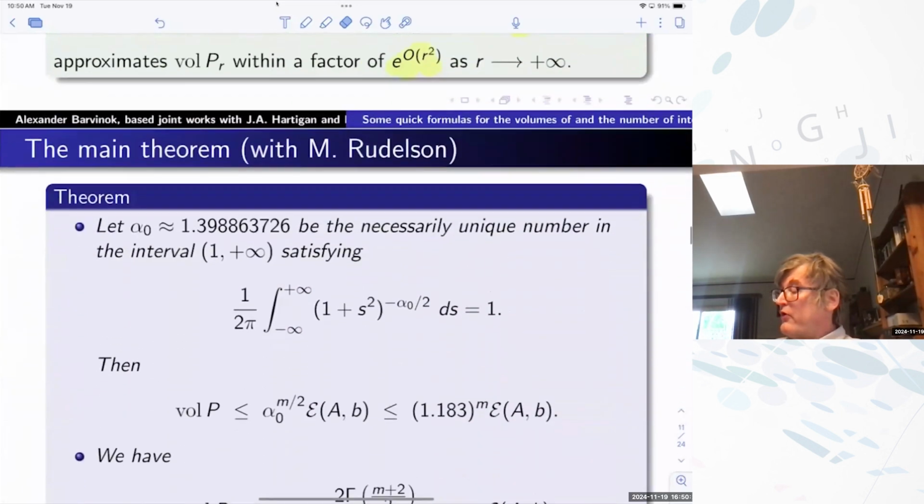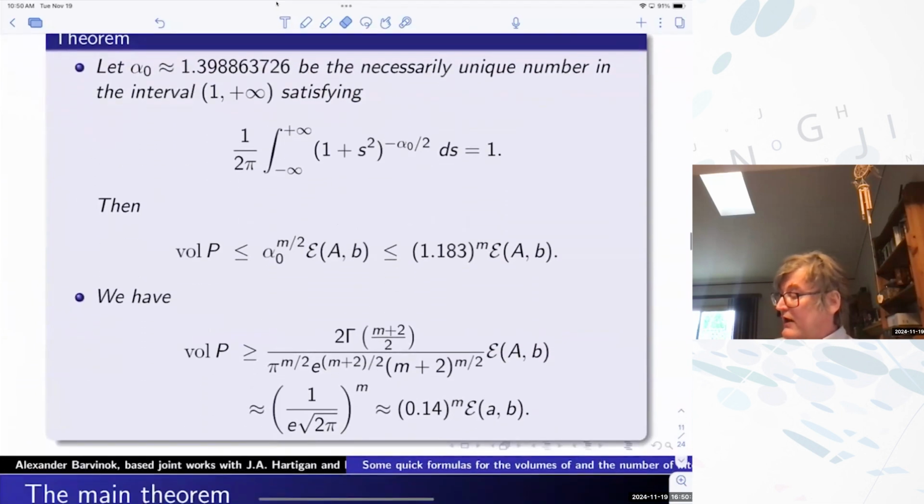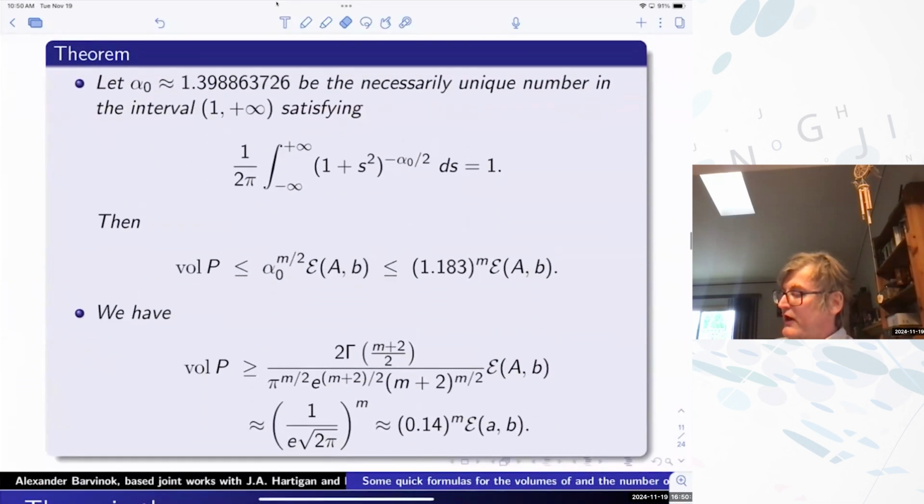Okay. So here's the main formula, main theorem rather. It basically gives you estimates on the constants, right? So probably not very interesting, but it's just to say that there is a result. You can prove that the bounds that I advertised indeed estimate the volume within an exponential factor.